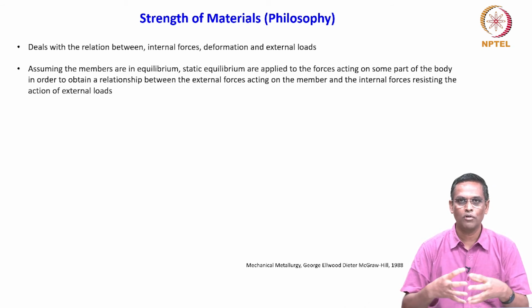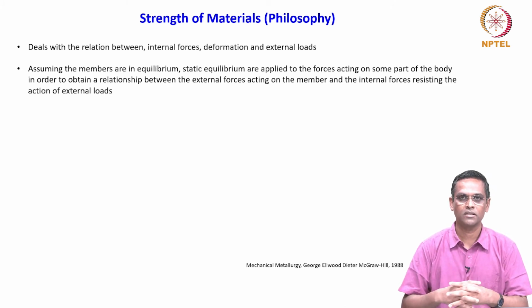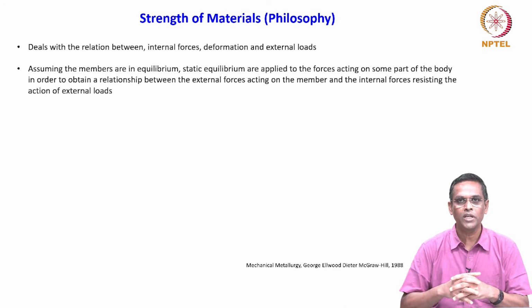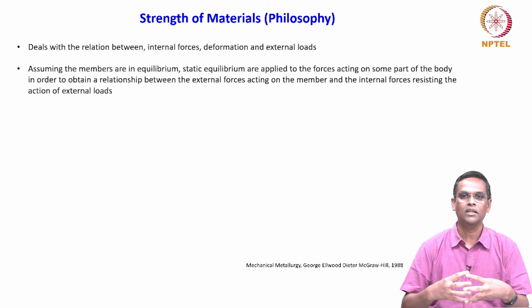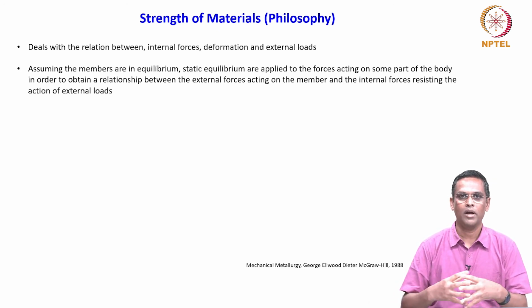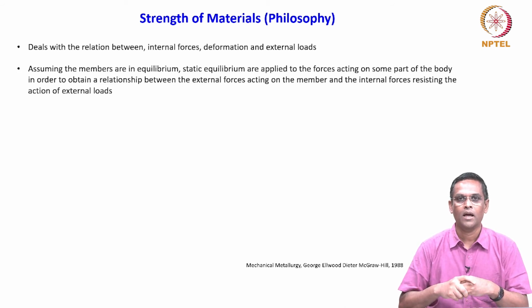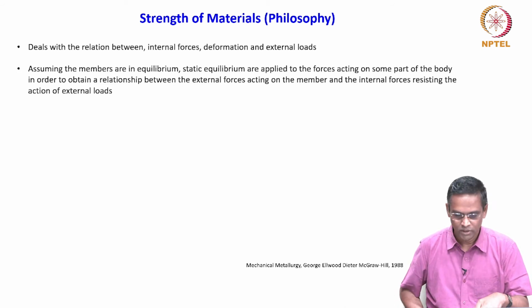That external force will be resisted by internal force, which is termed as stress, right? And then we need to look at the stress distribution in the body, whether it is acting at a point or it is distributed. But the very important point is, you just look at it.